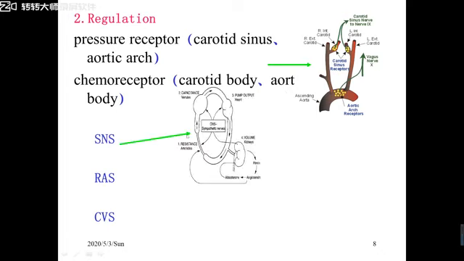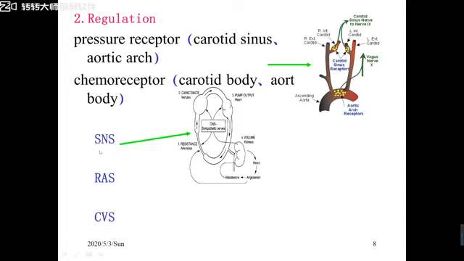Blood pressure is also regulated by the sympathetic nervous system, and we also found that in hypertension patients the sympathetic nervous system is overactive. Sympathetic overactivity causes vasoconstriction and induces hypertension.